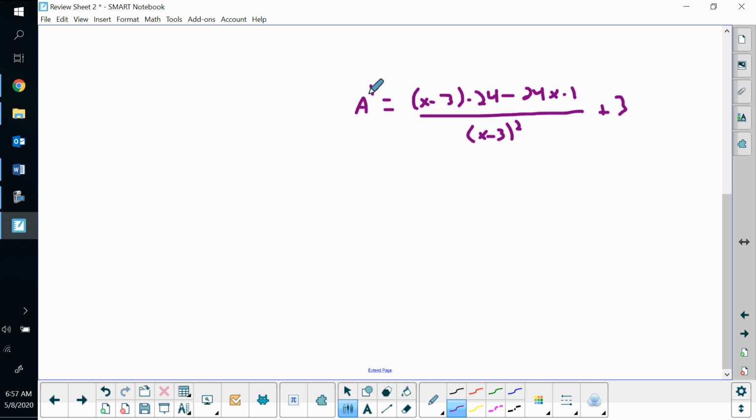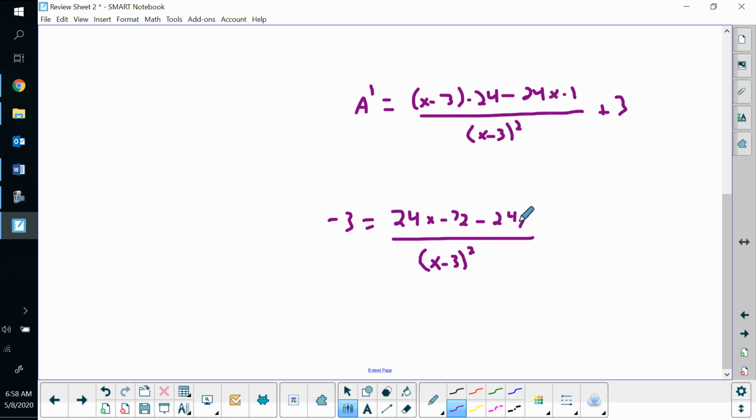So we're going to make the A prime be 0. When we do that, we can subtract the 3 over. So we'll get minus 3 equals, if we distribute the 24 through, 24x minus 72 minus 24x over x minus 3 squared.